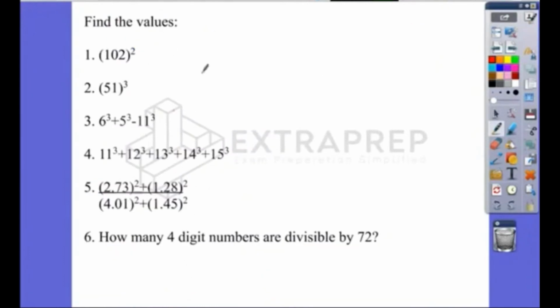I want you to solve these 6 problems. This can be written as 100 plus 2 whole square. This can be written as 50 plus 1 whole cube.